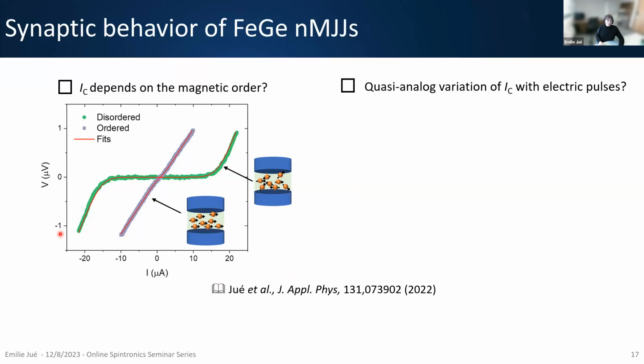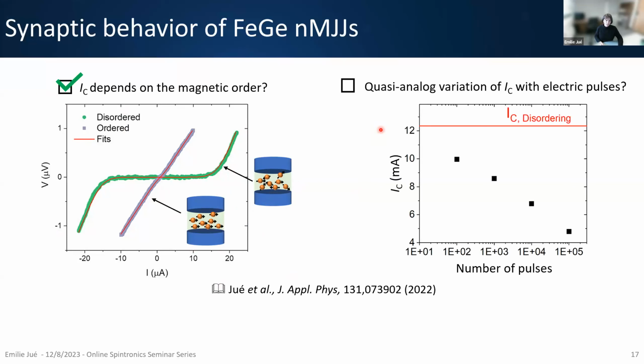And for that, we measure the IV curves of the device when it is in an ordered magnetic state or in a disordered magnetic state. And here again, we were able to observe 2 orders of magnitude of difference between the critical currents. So that fulfills this first requirement, where we can conclude that the critical current depends on the magnetic order. Additionally, we measure the critical current as a function of the number of pulses applied to the device. And here again, we observe this quasi-continuous variation of the critical current with electrical pulses.